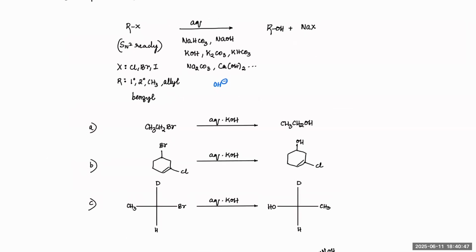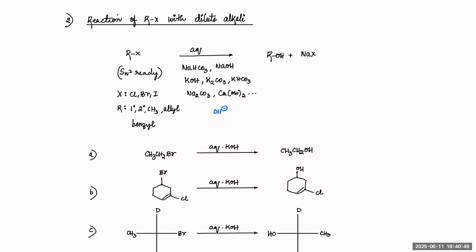Next, if you take any alkyl halide which is SN2 ready and then treat it with any of these reagents, it could be sodium bicarbonate, NaOH, KOH, K2CO3, KHCO3, Na2CO3, calcium hydroxide, anything that is given, they all mean only one thing, that you are giving aqueous OH minus. And aqueous OH minus will be good for SN2 ready reactions.